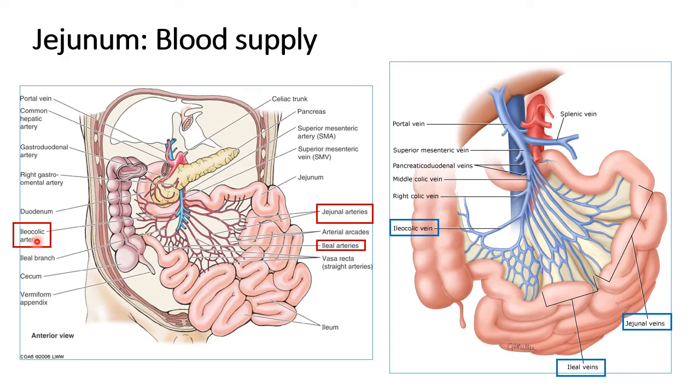The veins simply correspond: jejunal veins, ileal veins, and ileocolic veins, and eventually all of them drain into the superior mesenteric vein.